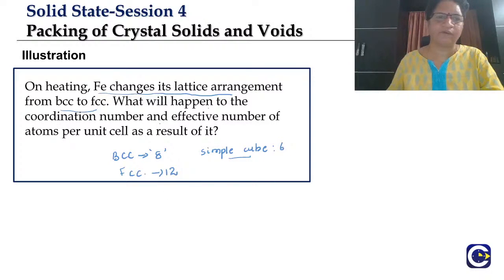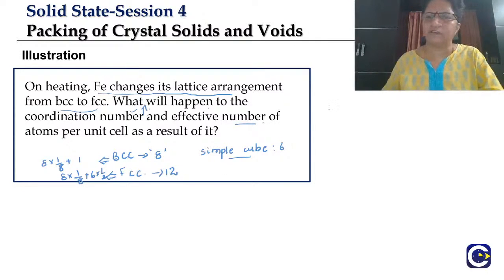What will happen as the coordination number is increasing? Effective number of atoms, here what did we get for BCC? 8 into 1 by 8 plus 1. Here for FCC we got 8 into 1 by 8 plus 6 into 1 by 2.